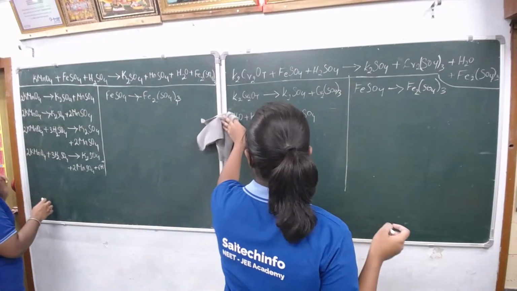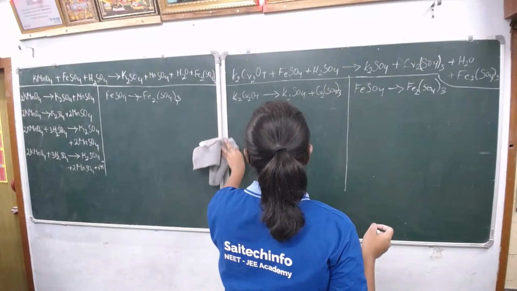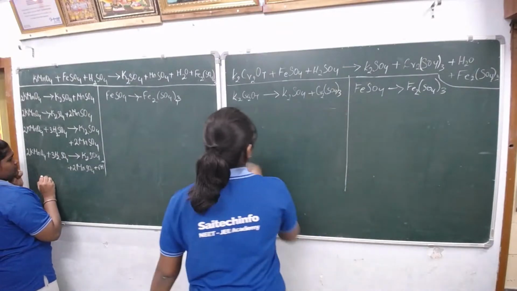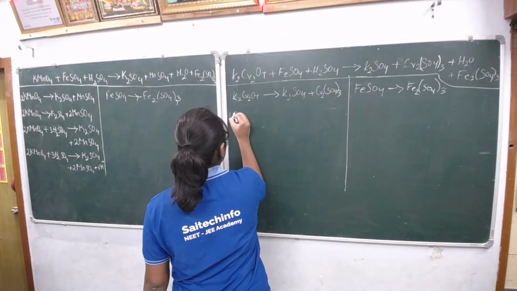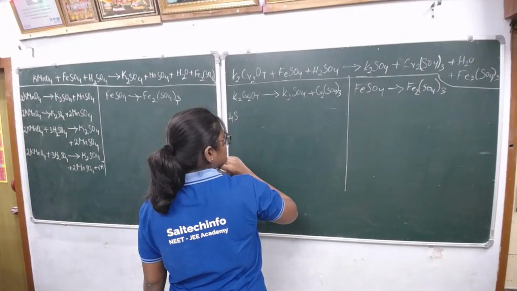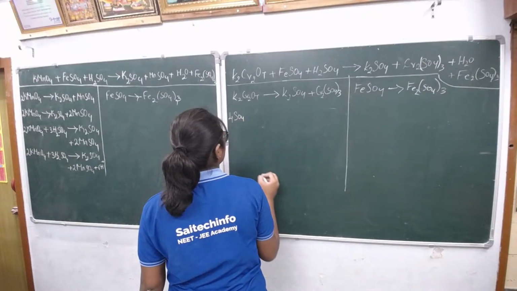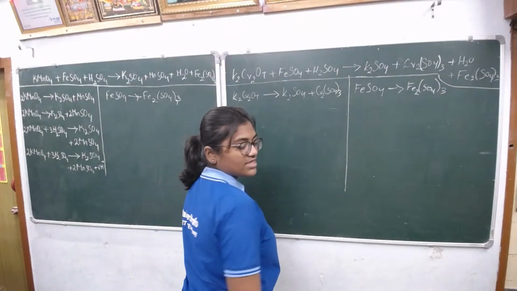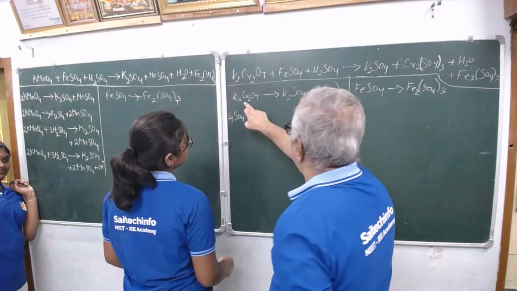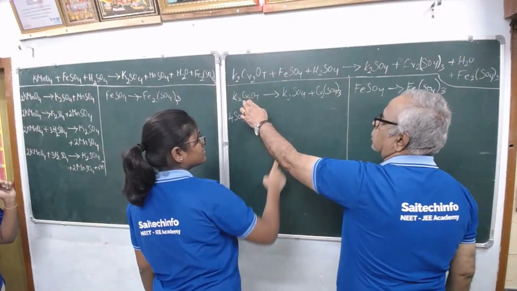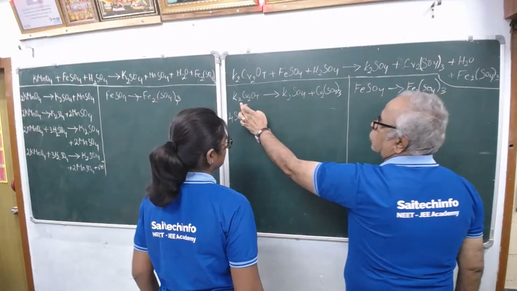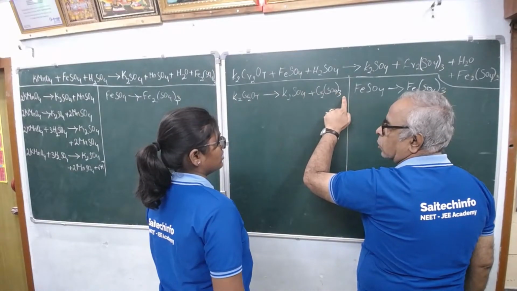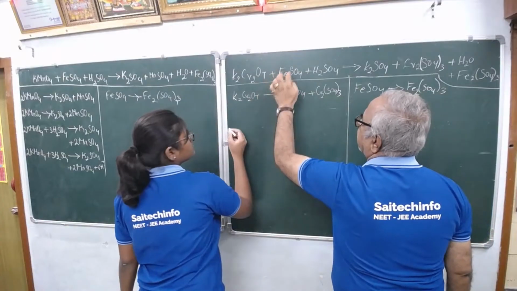You have solved the potassium and chromium, then sulfate should be balanced, is it not? So balance the sulfate by adding a suitable number of sulfuric acid. Sir, I should add 4. K2Cr2O7, 2 potassium, 2 potassium, done. Now sulfate. How many sulfates? There is 4. You can compensate by adding 4 sulfuric acid.